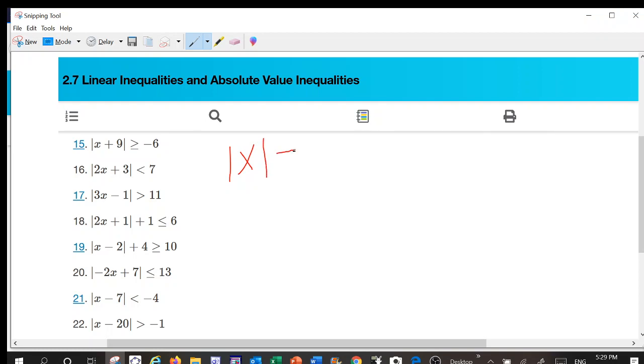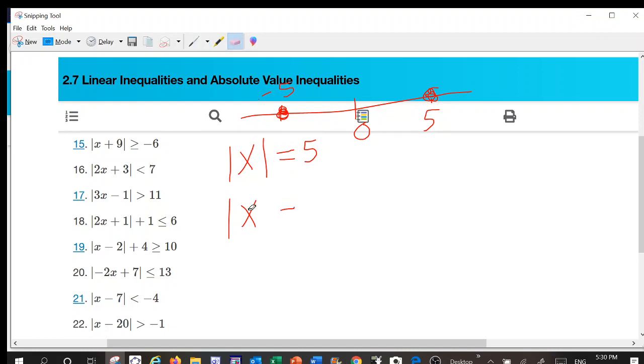Well, when I say absolute value of x equals 5, it means that I'm looking for a number whose distance from 0 on the number line is 5 units. So that means it is either 5 or negative 5, right? That's what this means.